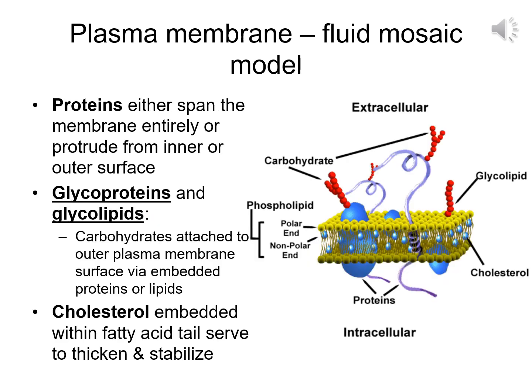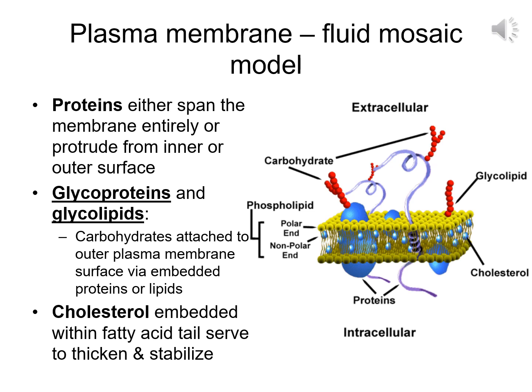That phospholipid bilayer has other structures floating and attached within those bilayers. First are proteins. A lot of our membranes have proteins, and they can either span the entire width of the membrane, or they could be just attached either externally or internally.